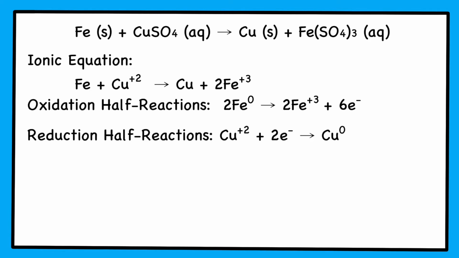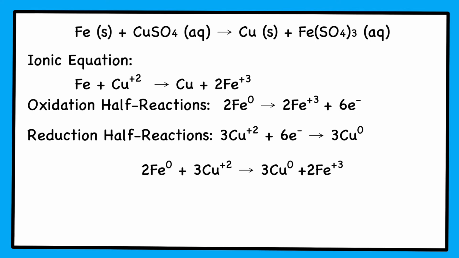Step 4 has me adjusting the coefficients so that the electrons cancel out. In order to get our electrons to cancel out, we are going to have to multiply the oxidation reaction by 2 and the reduction reaction by 3. Now our reduction reaction should read 3 Cu2+ plus 6 electrons yields 3 copper atoms. Step 5 has me adding both these equations together and canceling out anything that is present on both sides.